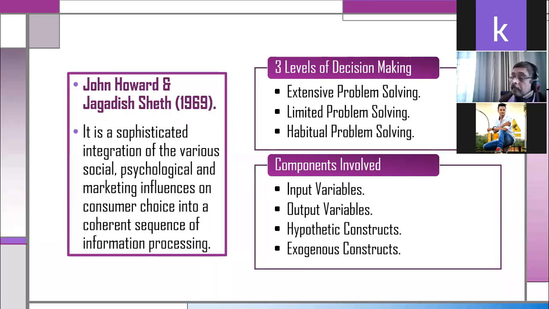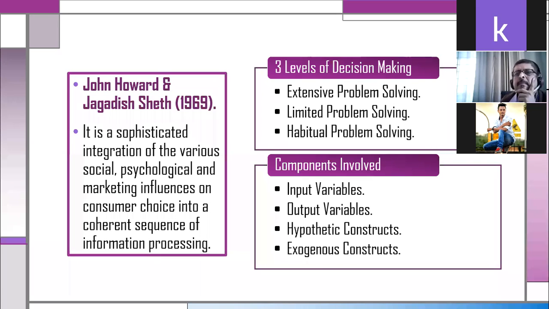In limited problem solving, the consumer has limited information and knowledge about the brand, and there are some products which the consumer might be thinking of purchasing. And in habitual problem solving, the consumer has all the information about the brand and the product, and does not spend much time on gathering information and evaluating the brands.